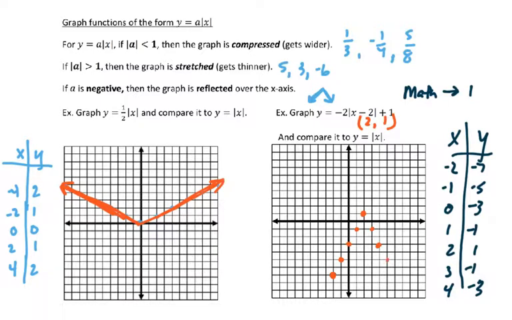Going by 2s. See how this one's stretched? It actually rises faster than normal. That's because of the multiplier of 2. So the negative flipped it, and the 2 made it stretch.